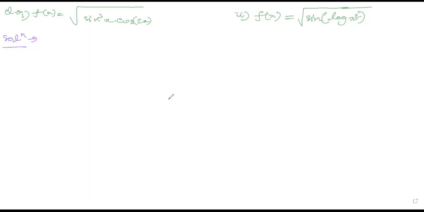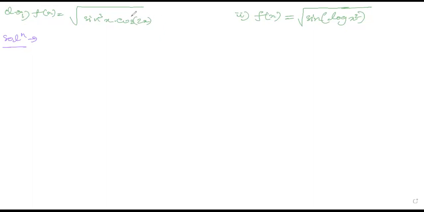If anyone is done, please let me know. No, it's not the power this time, Shahid. It's the input. 2x is the input inside cos.